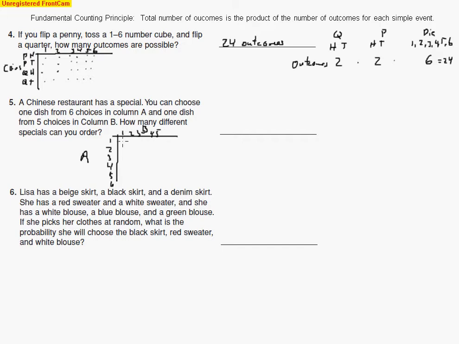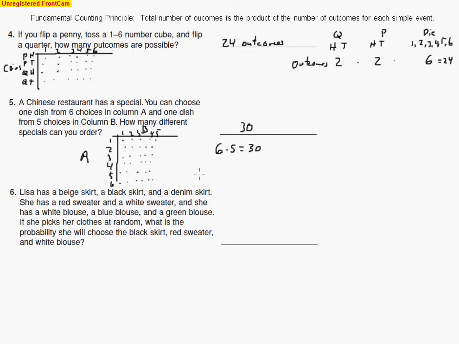If you just count them all up, 1, 2, 3, 4, 5, 6, 7, 8, 9, 10, 11, 12, 13, 14, 15, and so on, you'd end up having to draw all these dots, but if you just multiplied the 2 numbers, you could get your answer. Instead of having to count up each of them, you see you have 6 possibilities here, 5 possibilities here, 6 times 5 gives us 30. So there's 30 different outcomes.